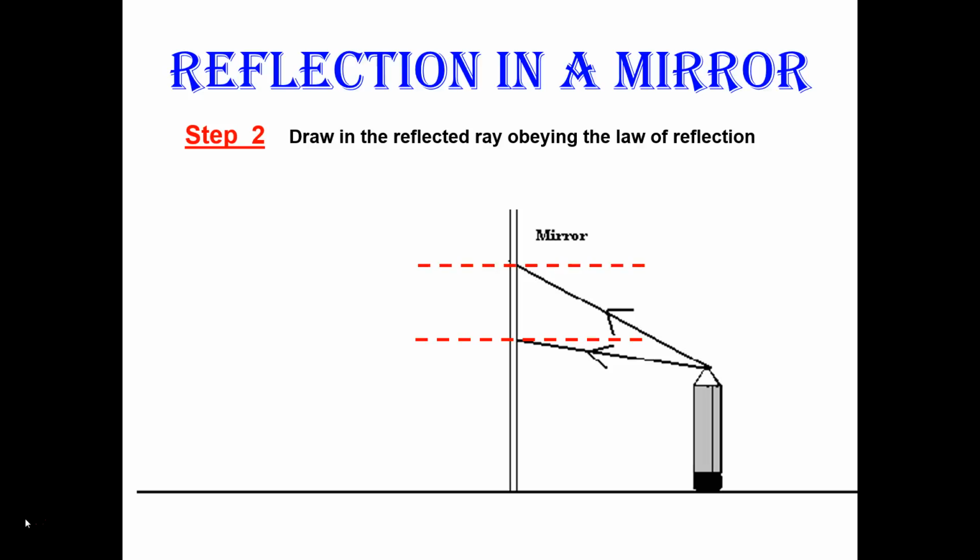All right? So our reflected rays are found here and here. Okay? Notice that the angle between the incident ray and the normal is the same as the angle between the reflected ray and the normal in both cases.